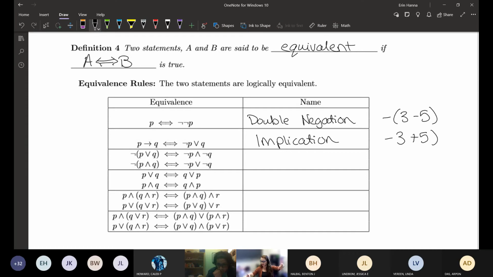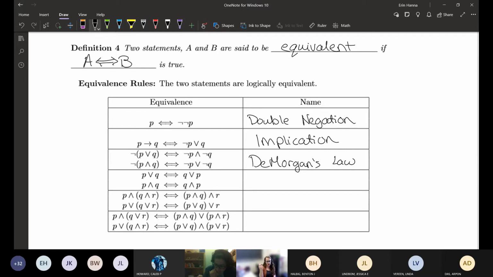If you want to think about it like that, that totally works. I will probably say negation more than I should. But this is called De Morgan's law.